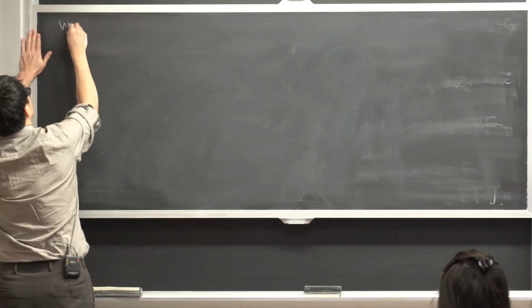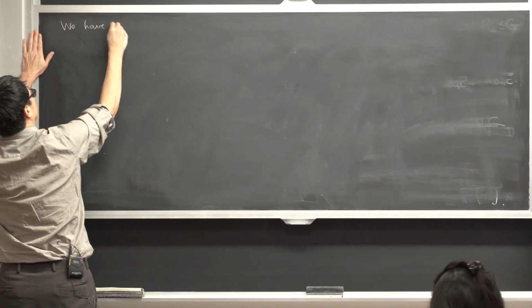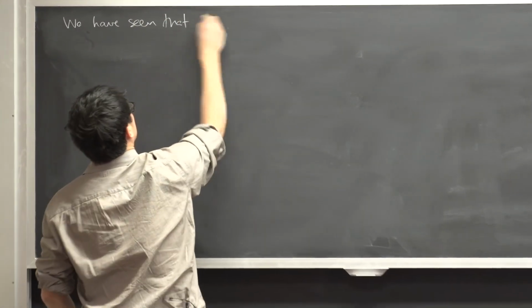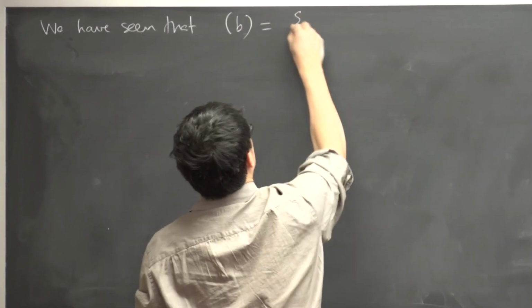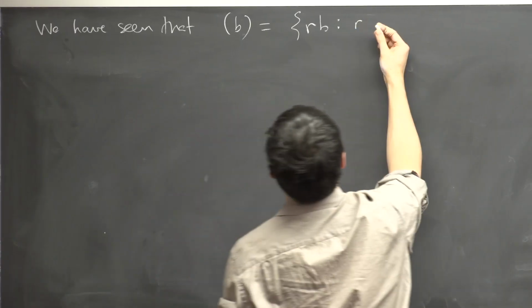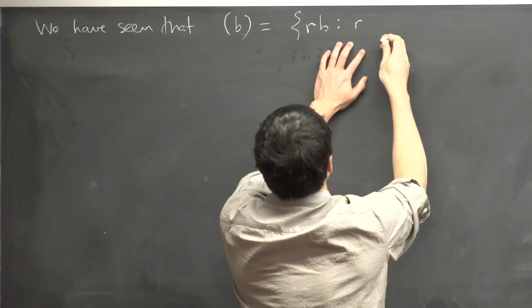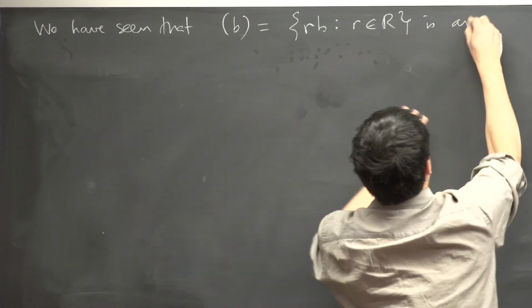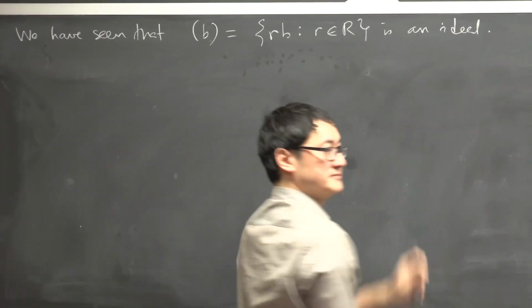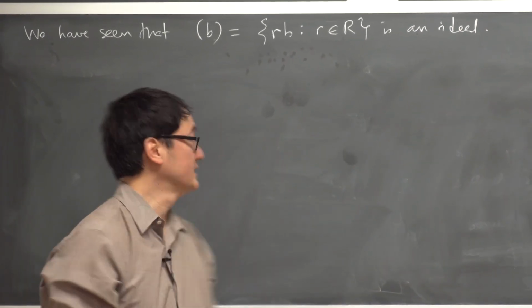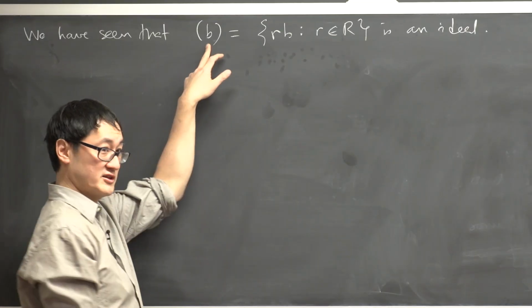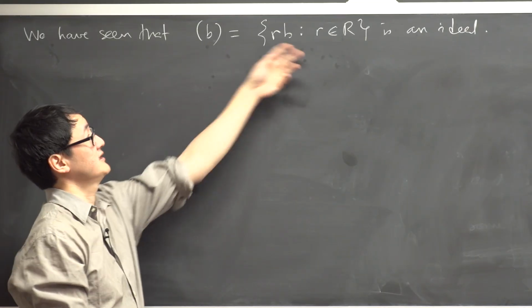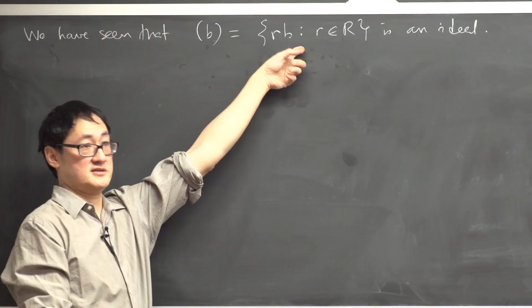So, just in the last few minutes, we have seen that this object right here, which is defined to be this, which we know now is this, right? Okay, is an ideal. So we just proved that, right? This is defined to be the intersection of all ideals that contain B. This is what it turned out to be, so now I can write this, okay?